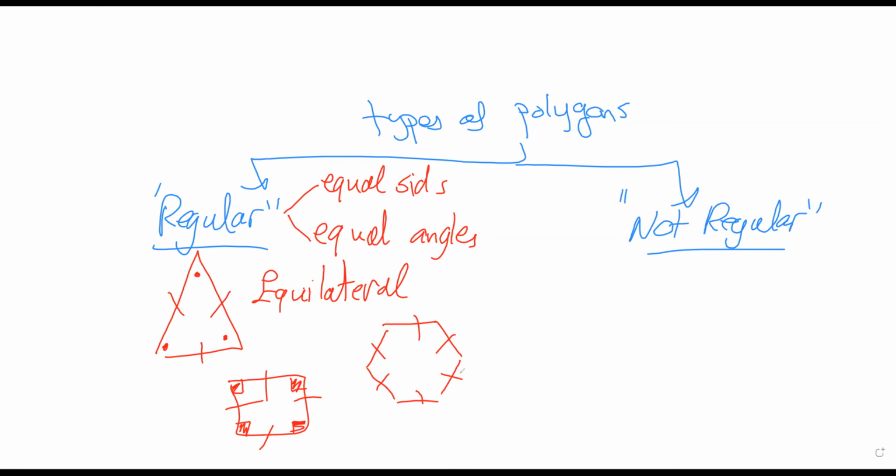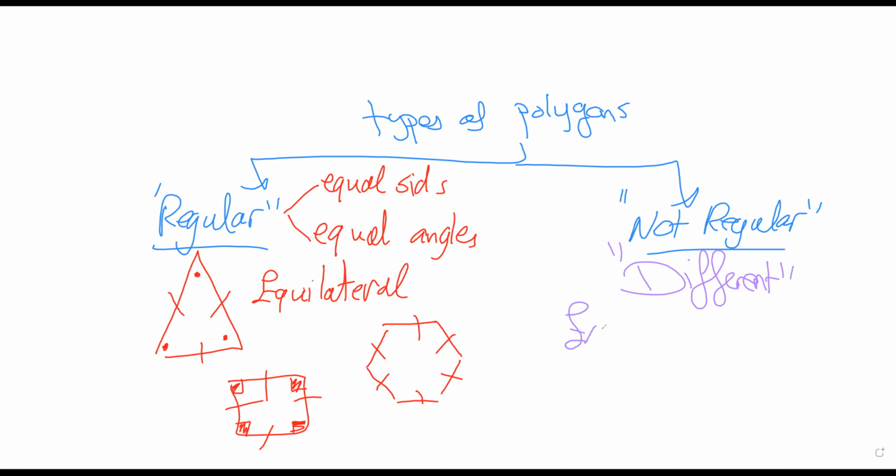And then we have the polygons that are not regular. Irregular polygons, not regular polygons. Polygons that have simply different sides and different angles. And of course, when I say different sides, I mean the sides have different lengths. When I say different angles, I mean the angles have different measures or different values.